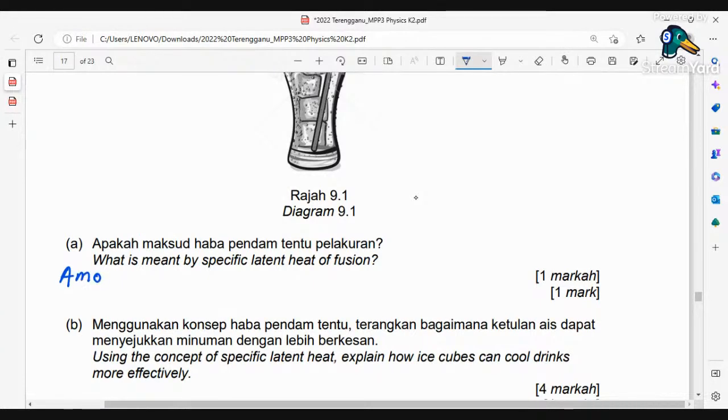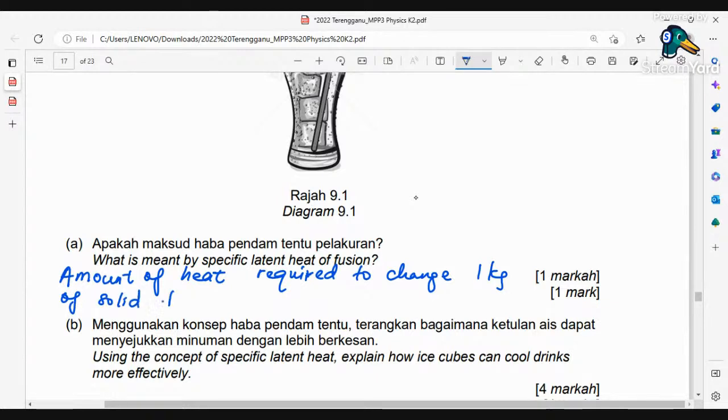Amount of heat required to change 1 kg of solid to liquid at constant temperature.